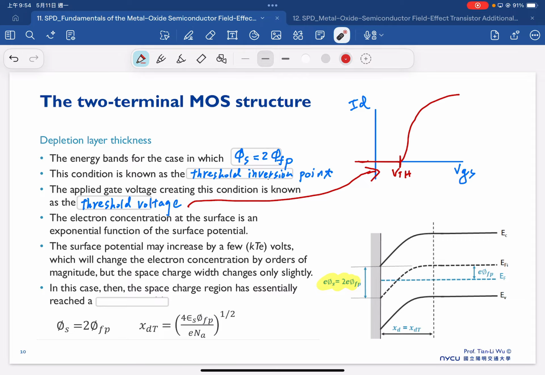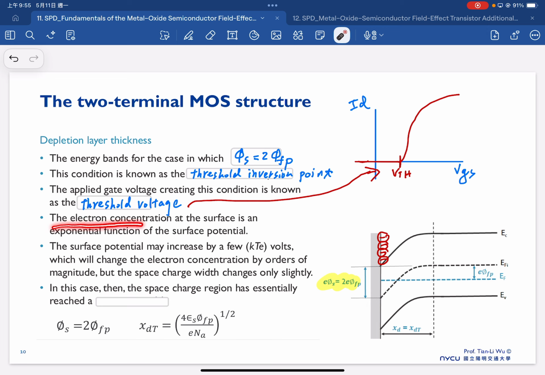Once the VG creates phi s equal to 2 phi fp, which also means your Fermi energy here is much closer to the conduction band, this is the condition that we consider to create enough of an inversion layer that the current can increase.